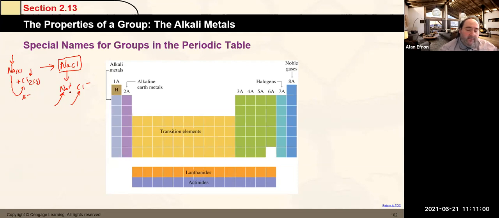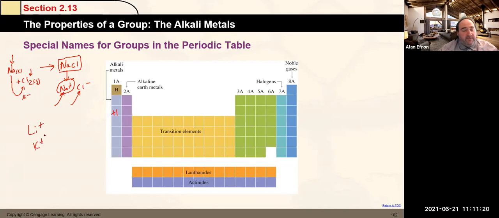Now that we know about group numbers, it's a good way to figure out the charges. Everybody in group 1, no matter what the situation, will always form a +1 charge. That's why sodium, which is group 1, has a +1 charge. Lithium will be a +1 charge.